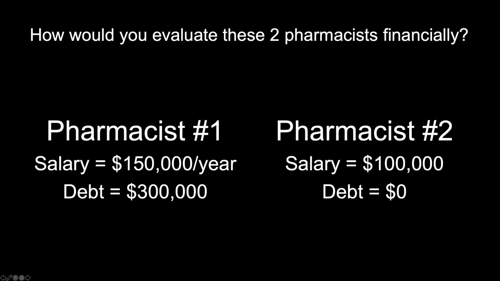I just gave you a couple pieces of information. How would you evaluate these two? What would you say about either scenario? A lot of you may be in situations where you're a lot like pharmacist number one, thinking, gosh, I'm going to have $300,000 worth of debt. How do you know what's good or what's not good?